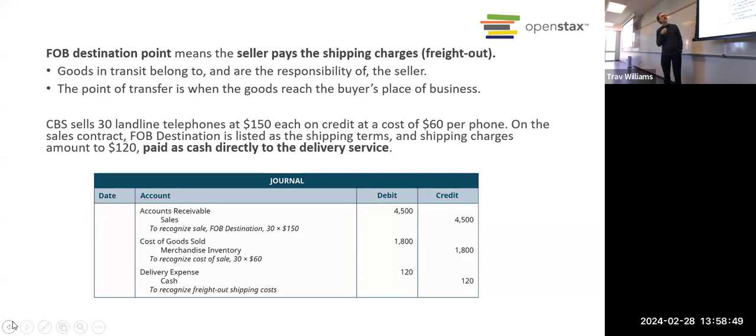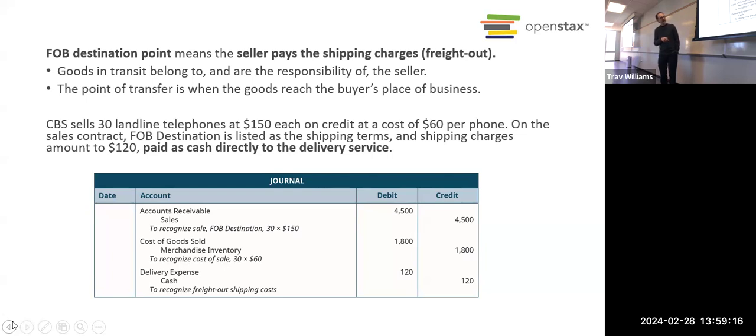So FOB destination point means that the seller is responsible for the shipping costs and the seller owns the goods until they reach their destination point. For me, that's the way to remember it. The seller still owns it until it reaches the destination, and so the seller is responsible for shipping costs.